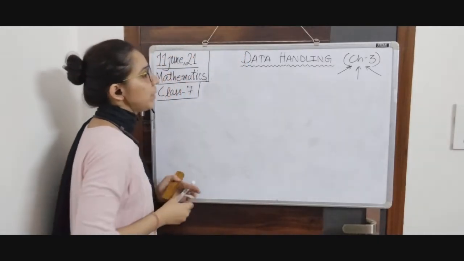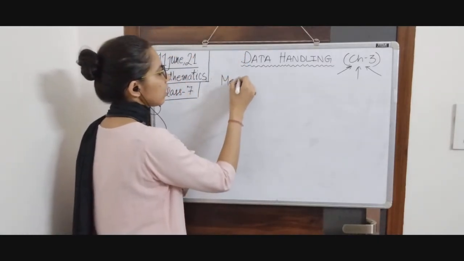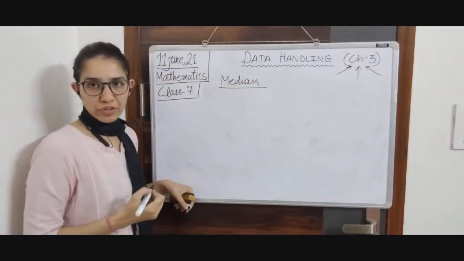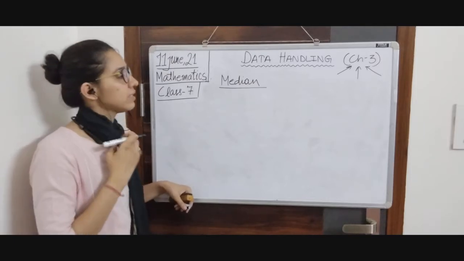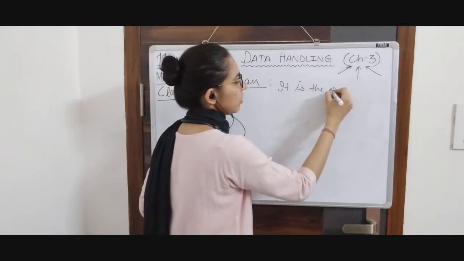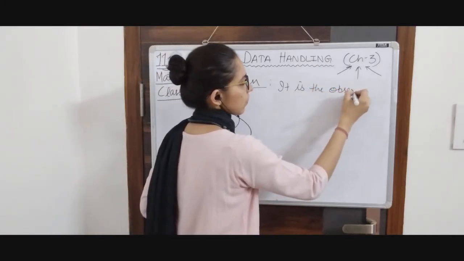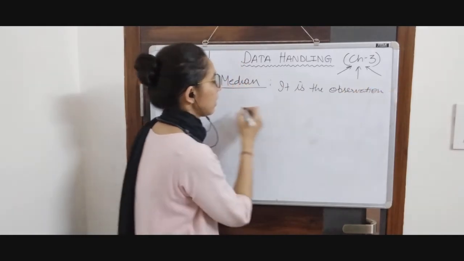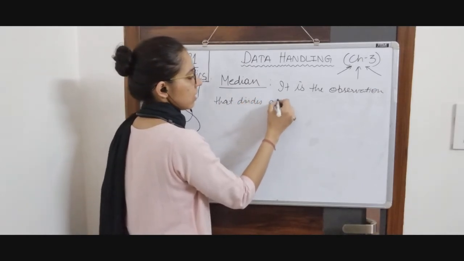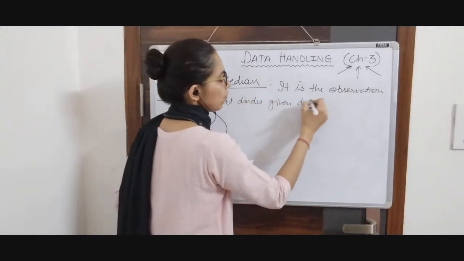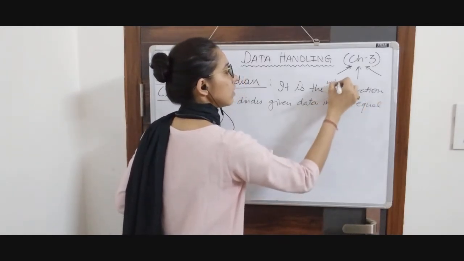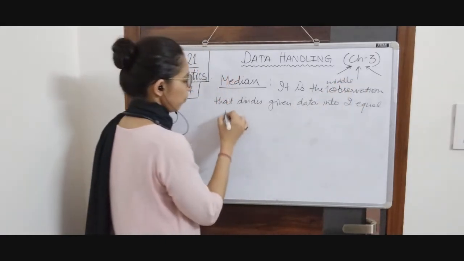Next is median. Okay? Now median is the middle observation in simple terms. It is the observation that divides the given data into two equal parts.